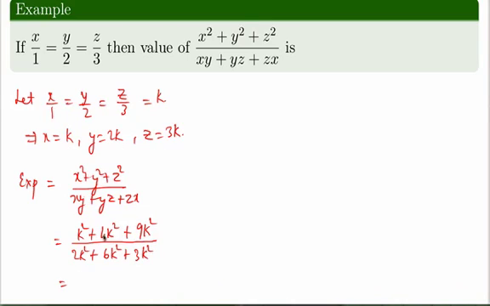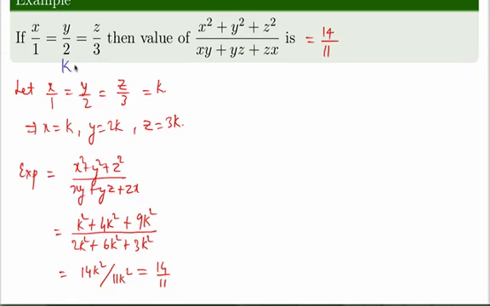So finally when I simplify, I get 9 plus 4 plus 1, 14k square divided by 2 plus 6 plus 3, 11k square. This will become 14 by 11. So the value of the expression is coming out to be 14 by 11.